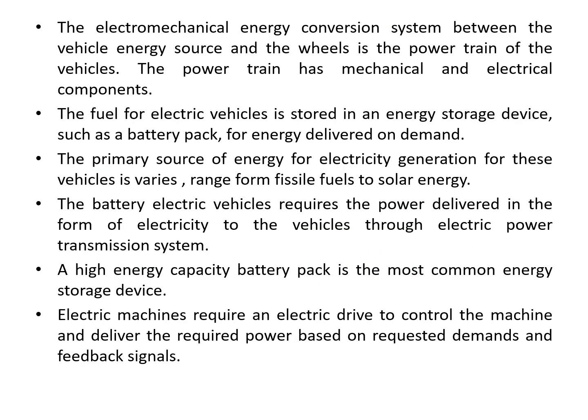The electromechanical energy conversion system between the vehicle energy source and the wheels is the power train of the vehicle. See, if you look at the block diagram, the electrical energy we are converting to mechanical energy. The stored electrical energy in the battery will be converted into the motion of the wheels.